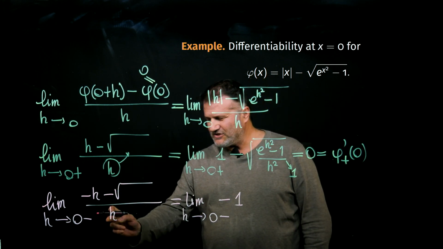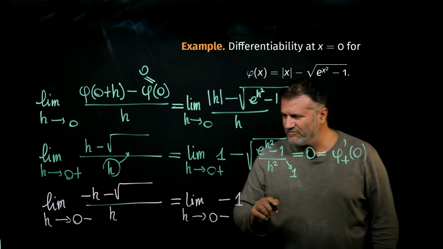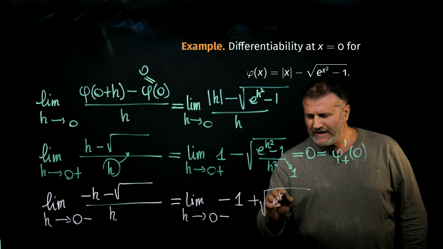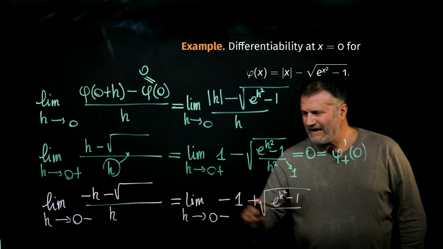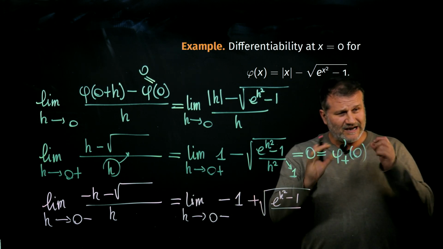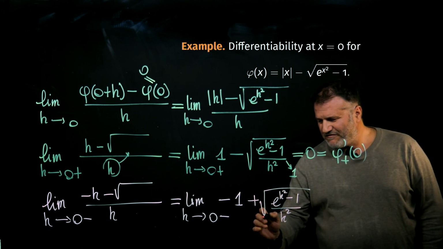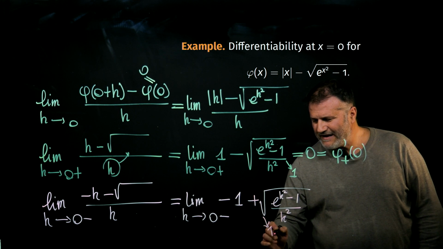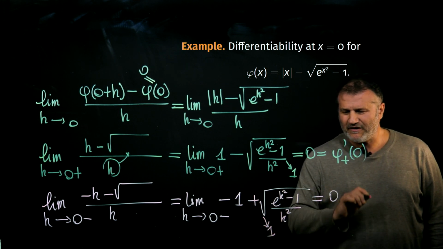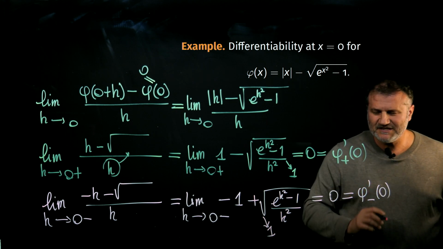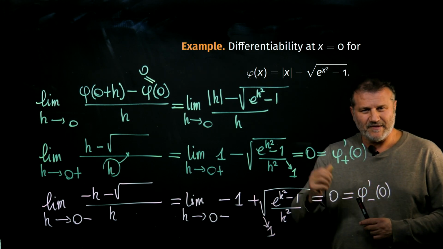But if I put the minus here, minus h is positive, and I can do it with minus h. So I will have plus the root of e to h squared minus 1. Now the minus h goes inside as minus h squared, so again h squared. And similarly as before, the root goes to 1, and therefore everything goes to 0. So this means that the left derivative at 0 exists, and it is equal to 0.